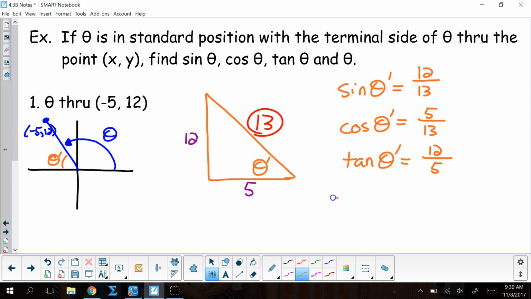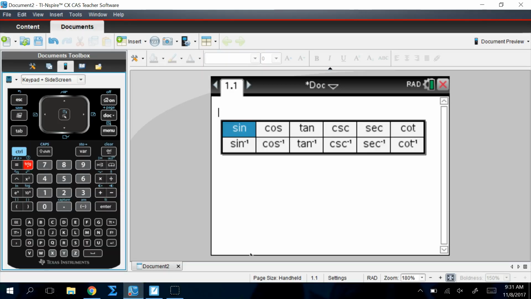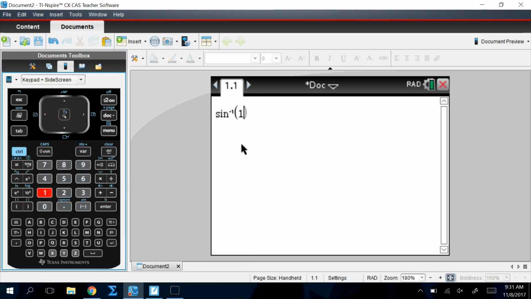Okay. So I could use the inverse. I'll use sine just because it's the first one. But if you're a fan of cosine, you could have done inverse cosine there. If you're a fan of tangent, you could have done inverse tangent there. And then you go to a calculator and you go inverse sine of 12 divided by 13, and you get that. But what's that in? That's in radians.